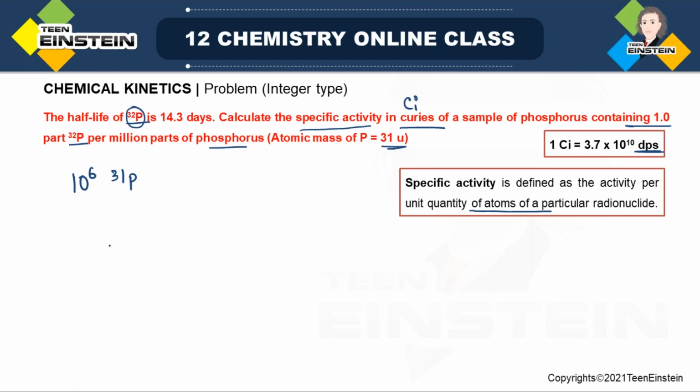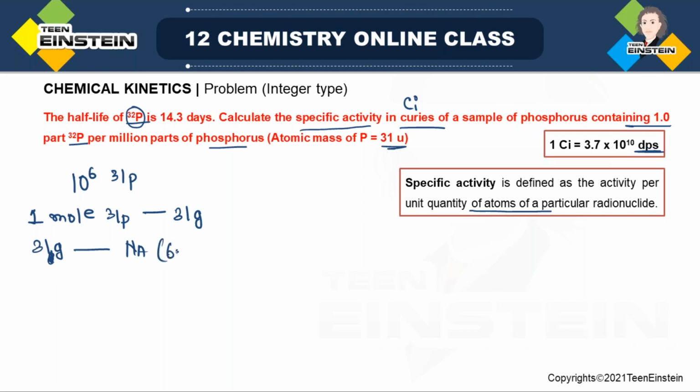First we find out that one atom of 32 phosphorus is present out of 10 to the power 6 phosphorus atoms. Now when we are considering 31 phosphorus, we can say that 1 mole of 31 phosphorus should have a mass of 31 gram. In reverse, 31 gram of phosphorus will contain Avogadro number of atoms.